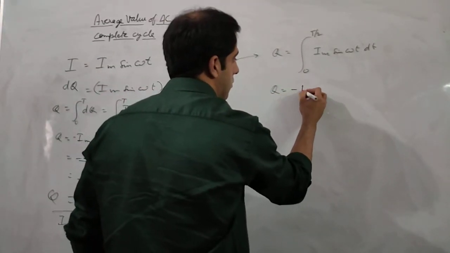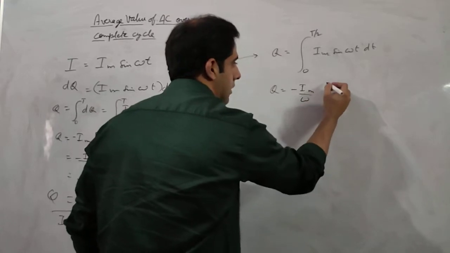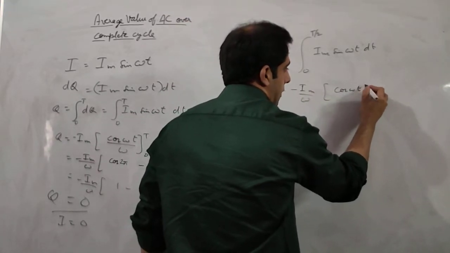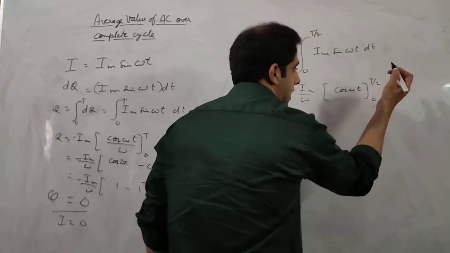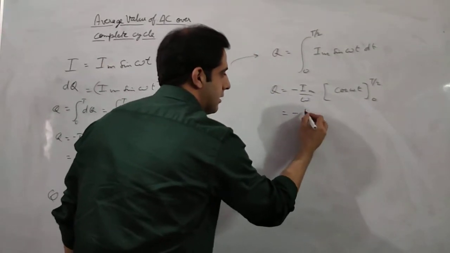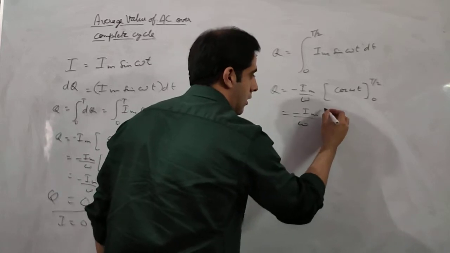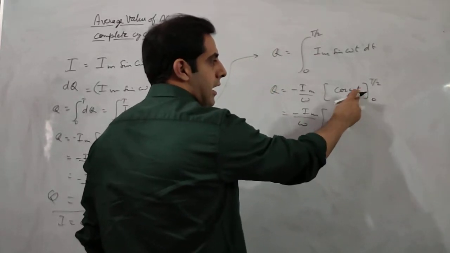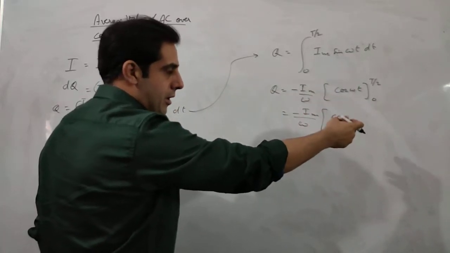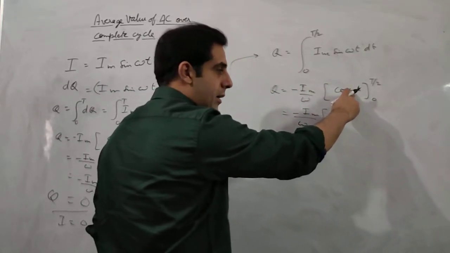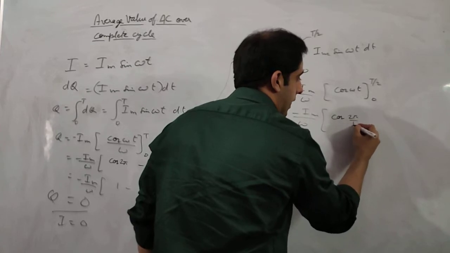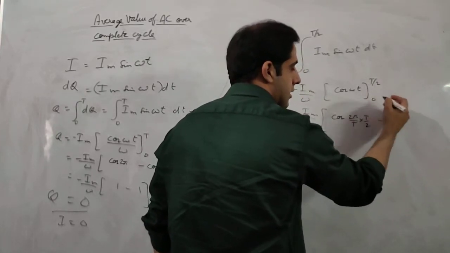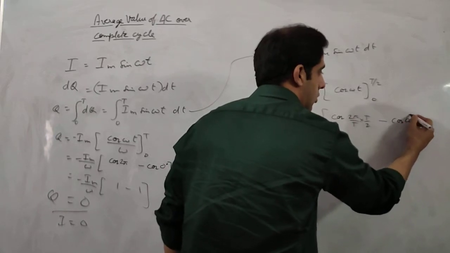So q will be equal to minus Im by omega, and inside it will be cos omega t from 0 to T by 2. Now if we substitute this limit, then it will be cos omega, and small t will be replaced by capital T by 2, and omega is 2 pi by T. So it will be 2 pi by T into T by 2 minus the initial limit cos 0.